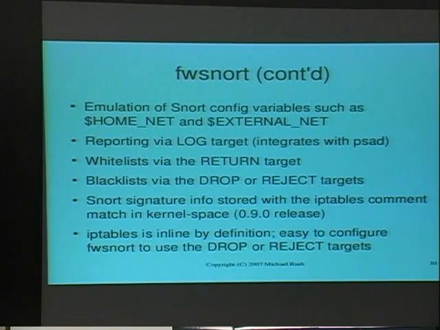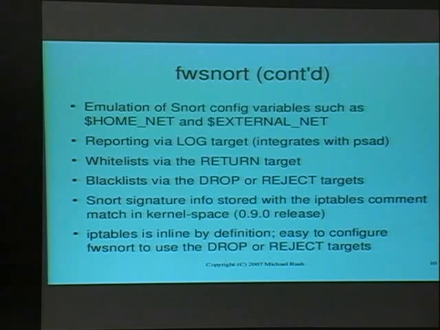So some other things that fwsnort does: it emulates the HOME_NET and EXTERNAL_NET variables that you're familiar with from the Snort configuration file. There are a few others in there as well. Reporting is done via the LOG target. Remember that we're running all these rules directly in the kernel itself, so it doesn't have any user space processing capabilities available to it. It can't send out emails or generate reports for you.